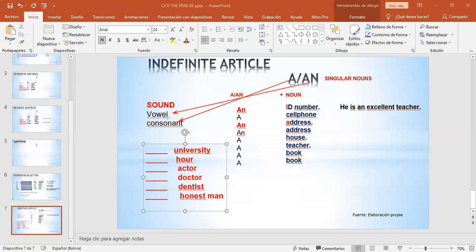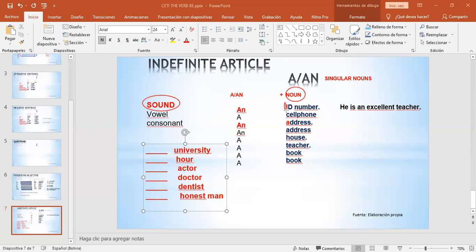Consonant sound, vowel sound. Do you notice the difference? That's why we say we have to pay attention to the sound. Which sound? The noun sound.